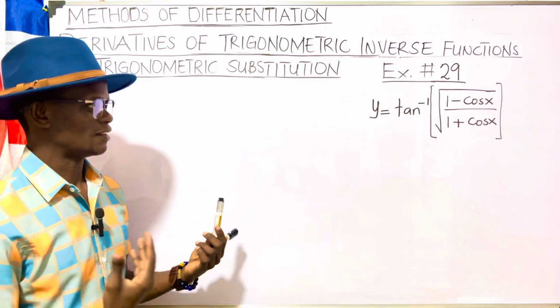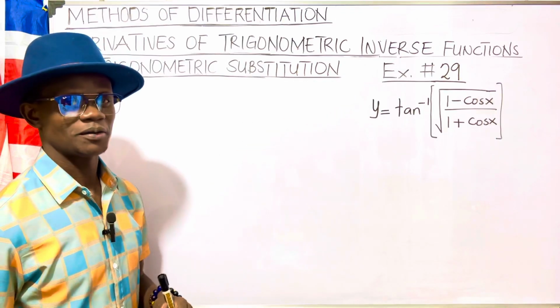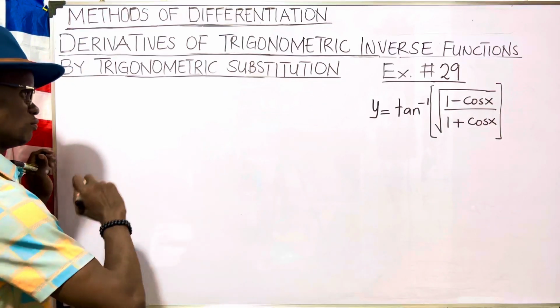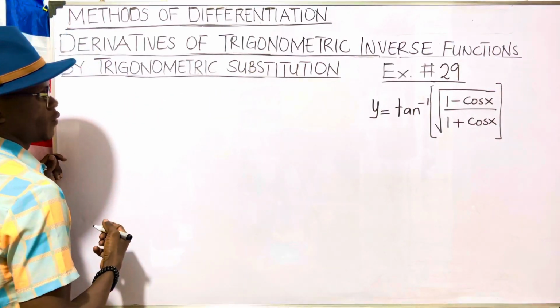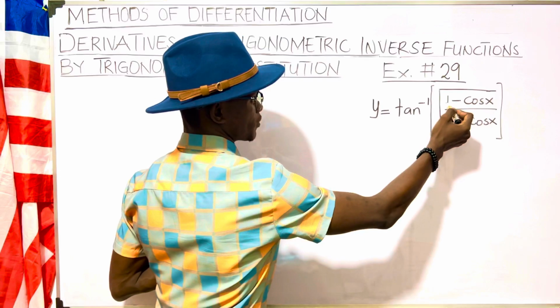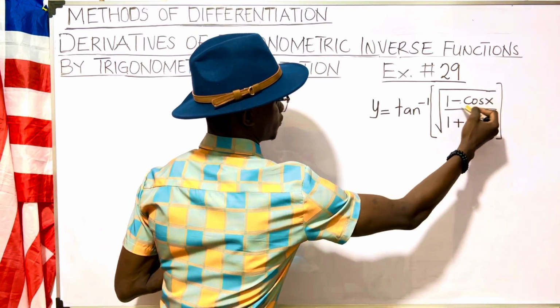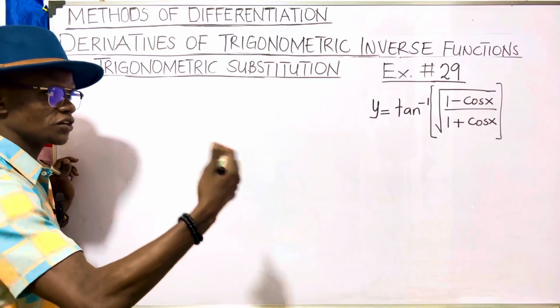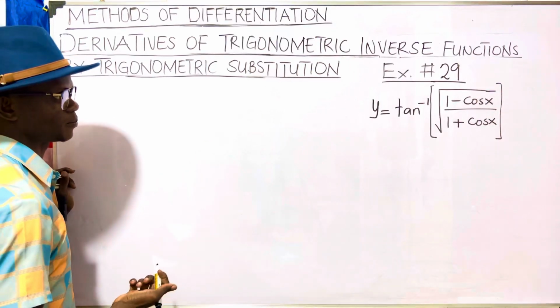There are several ways that we can approach this problem. One method: we could decide to rewrite each of these in terms of some trigonometric identities that will lead to tangent.